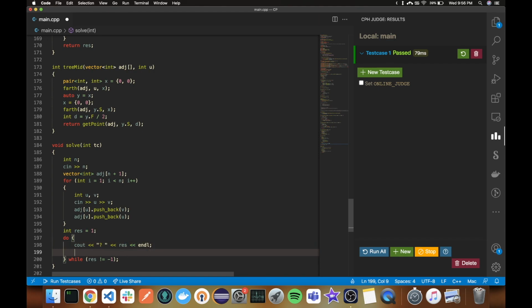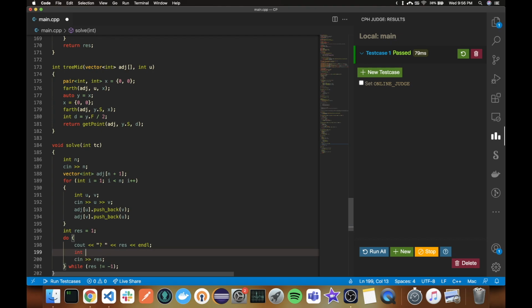I'm gonna ask for this, whatever output I get. Battery is dying. Why is this not charging? Okay, now it is charging. I'm gonna ask for that, and then I'm gonna say result.